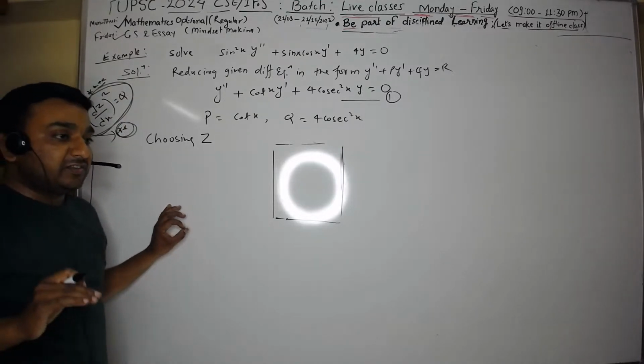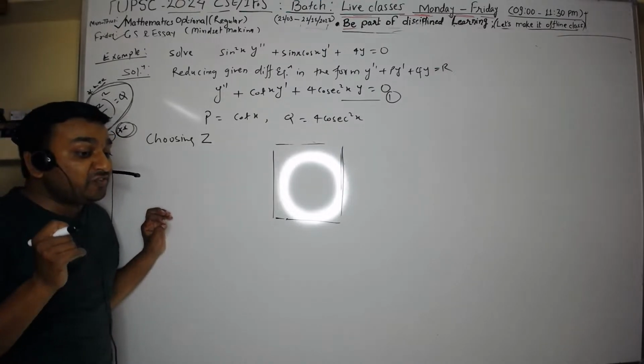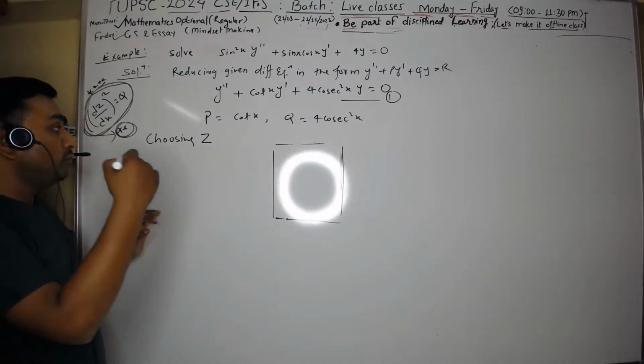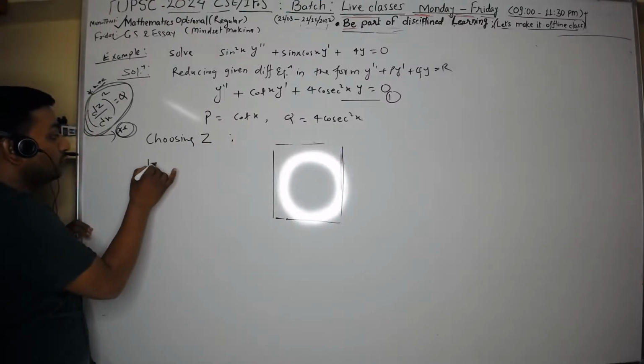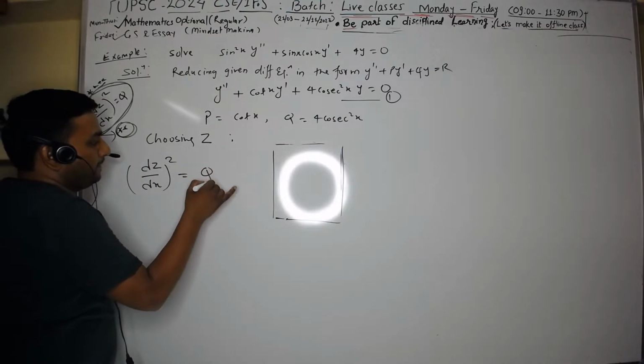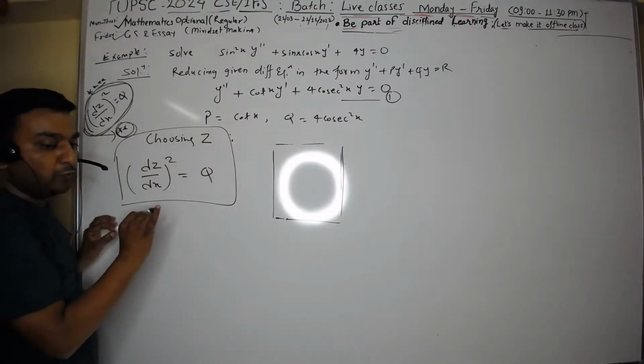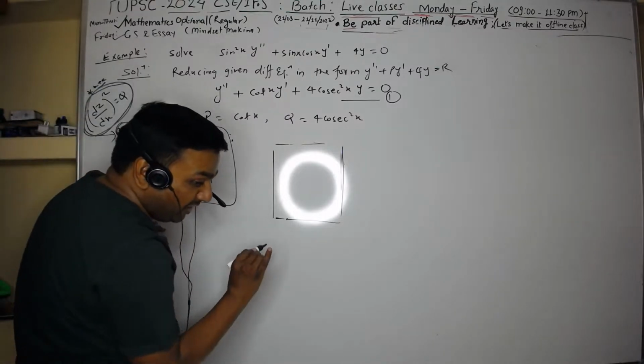Here the choosing of the independent variable is very much restricted, and we choose that z through this equation. So please do remember this. You have to follow it in every question.